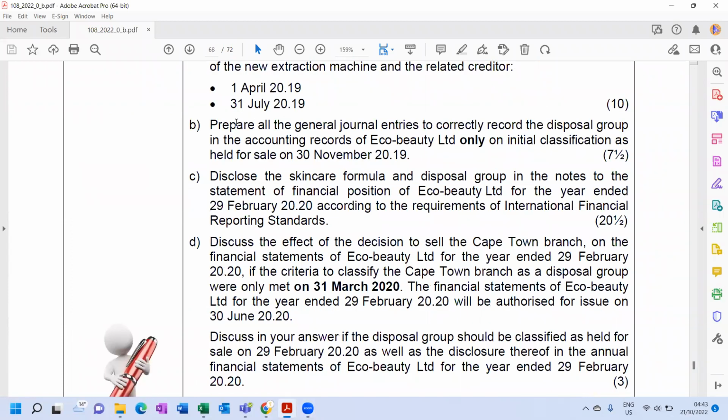Okay, so they say prepare all the general journal entries to correctly record the disposal group in the accounting records of Eco Beauty Ltd only on initial classification as held for sale on 30th November 2019.